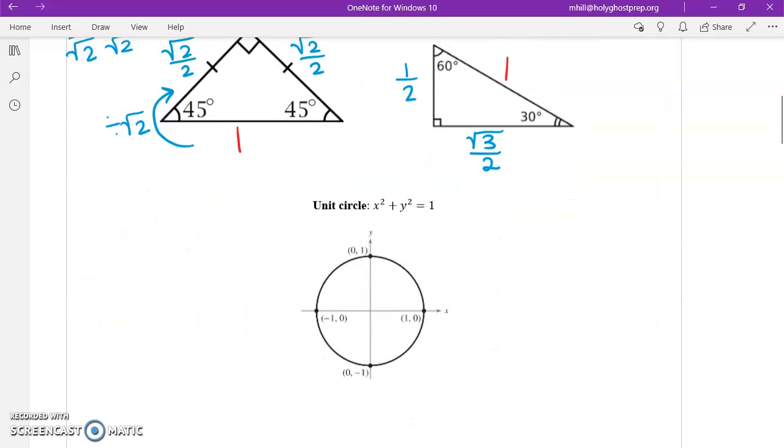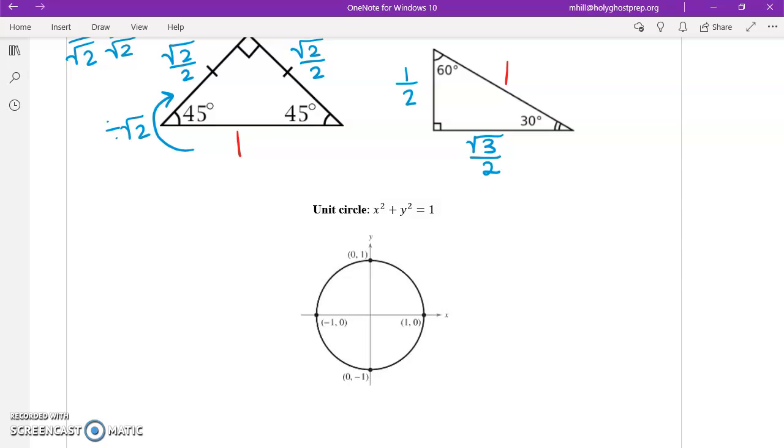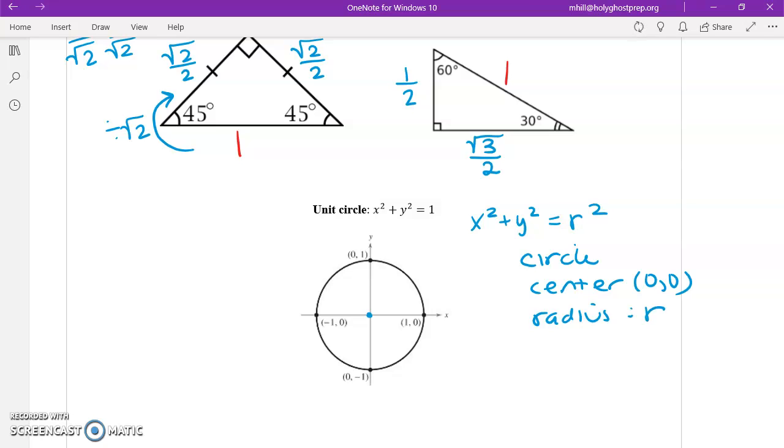All right, so the unit circle. Draw this down. A unit circle is centered at 0, 0, the origin, and has a radius of 1. The standard form of a circle, which we're going to learn in the conic section chapter, is x squared plus y squared equals r squared. That is for a circle centered at 0, 0, and a radius of r.